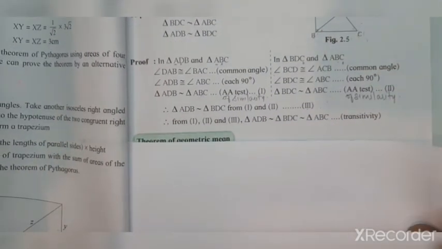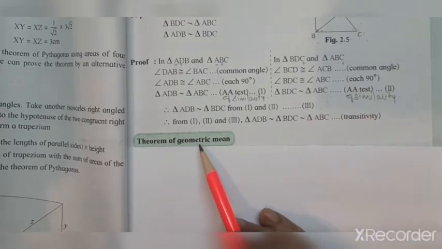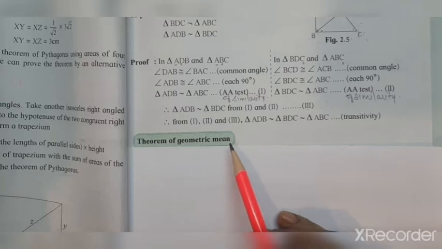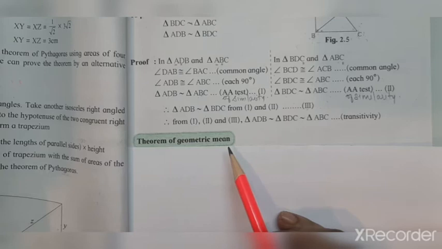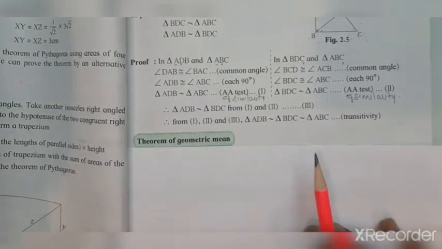After this, the second property we are going to study is the theorem of geometric mean. Mean, this word, we have heard this earlier, mean is average basically. Okay, so we'll study this in the theorem.